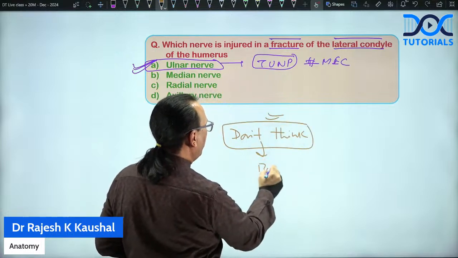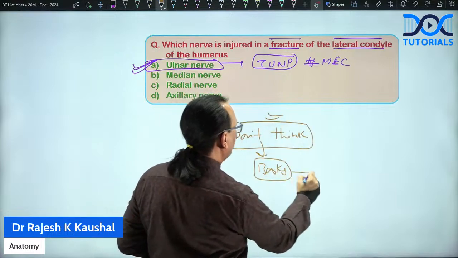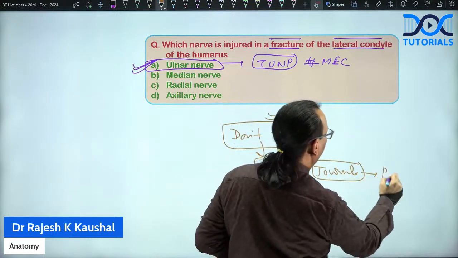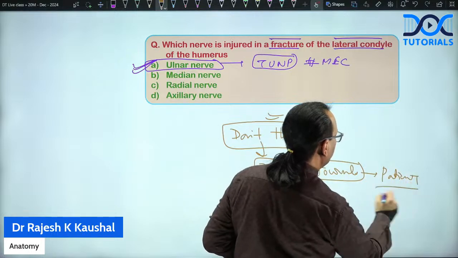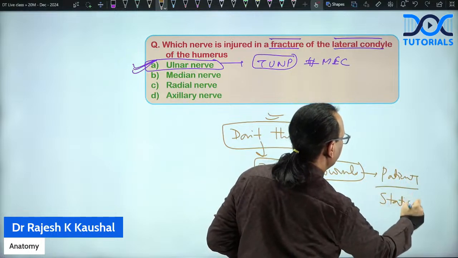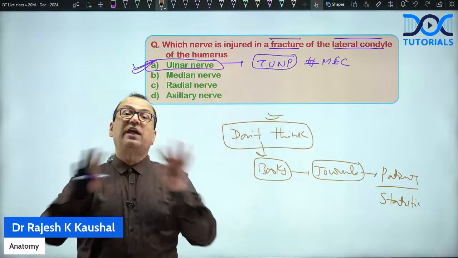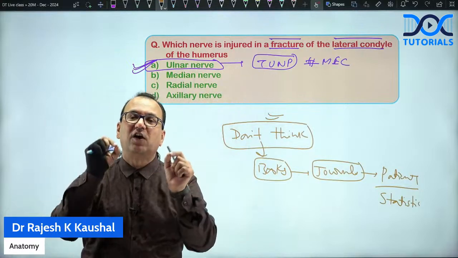Answer from the books. And books, they are written on journals. Journals are written because of patients. The patients' statistics. For such questions, don't think, because you'll always think wrong answer.